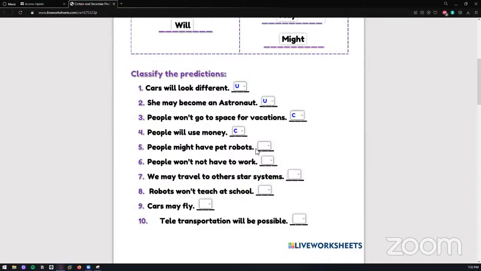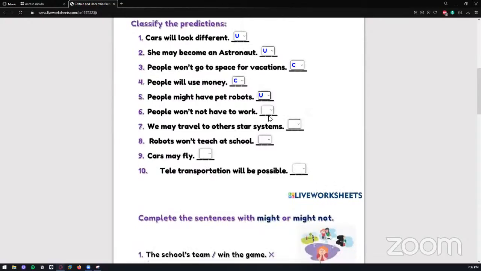People might have pet robots. People won't not have, teacher, in this sentence won't have. They won't not have, that's incorrect, sorry. Won't have to, then not is extra, it's a typo, sorry. Okay. Oh, yeah. People won't have to work. Certain.